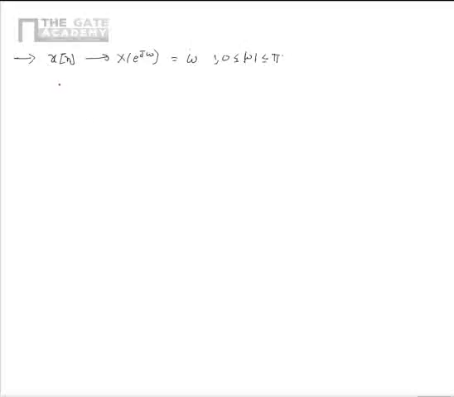It's given that there is another signal y of n, which is derived version of x of n as n into x of n, whose Fourier transform is given as Y of e power j omega. We have to find the area of the magnitude of Y of e power j omega with the omega axis in the range of minus pi to pi.